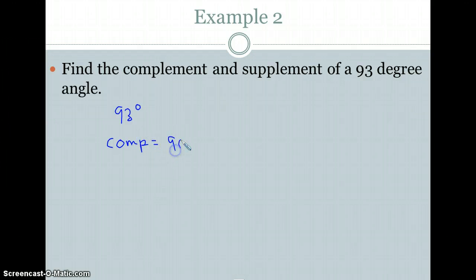So you're supposed to take 90 minus 93. And we run into a problem because we have an angle that's bigger than 90. If you have an angle that's bigger than 90, it's already past 90. There is no complement. So if you subtract these, you get -3, which means there's no complement.